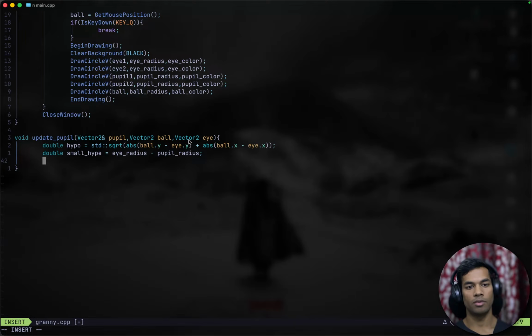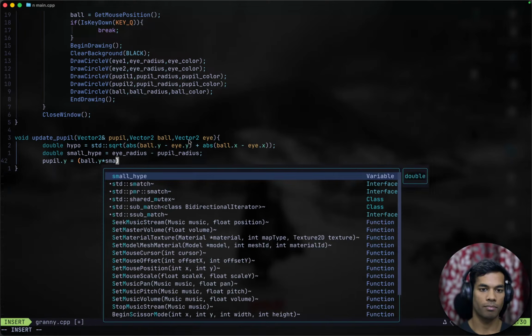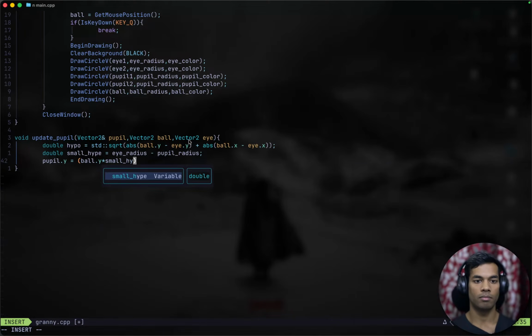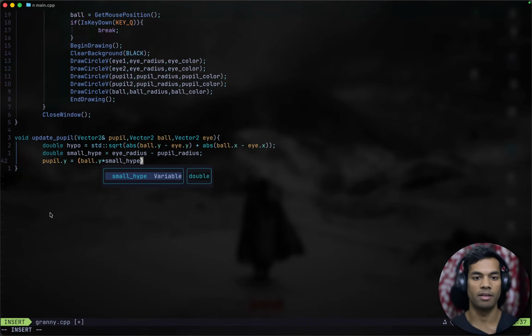Okay. So pupil dot y equals ball dot y multiplied by small hypo. This is small, this is big. Makes sense.